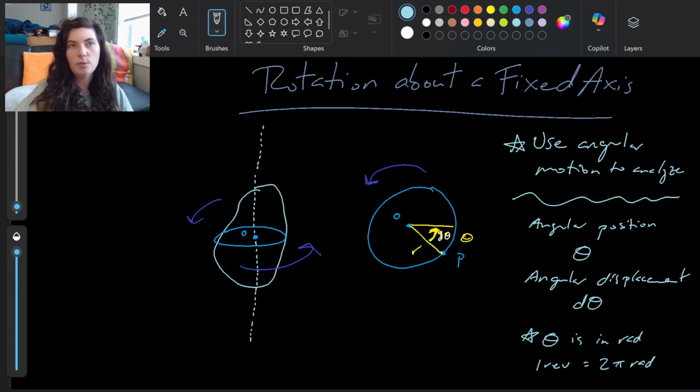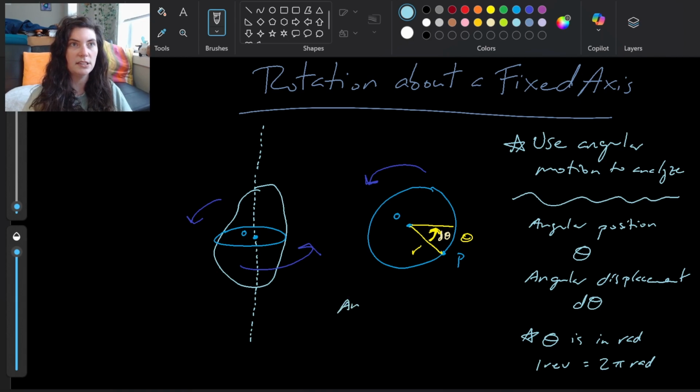Along with angular position and angular displacement, we have angular velocity and angular acceleration, like we've seen before with position, velocity, acceleration. We're going to relate them together just the same way.